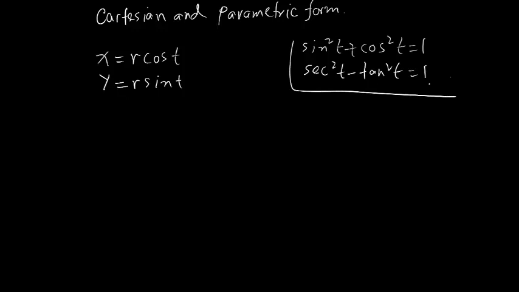These two trig identities. So from this you can see that when I add with squares, x squared plus y squared will be r squared cosine squared t plus r squared sine squared t.